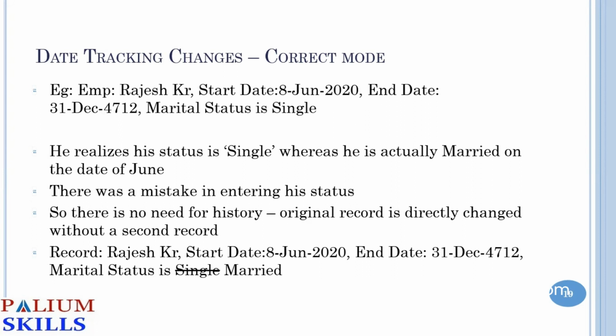There is no need for history. The original record is directly changed without a second record because this is incorrect data. You don't need to keep history. What correction will do is strike off the single and make it married.